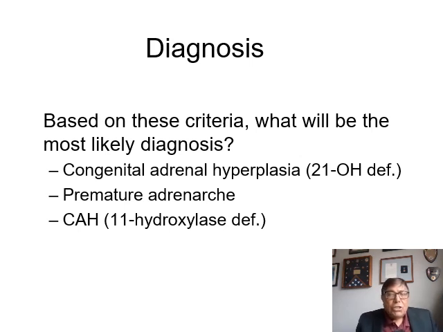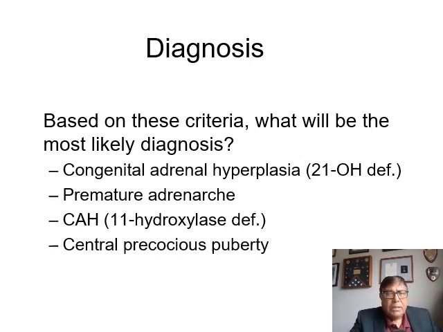So virilization with high blood pressure, for you there is only one diagnosis, 11 hydroxylase deficiency. And the children with this condition may not have adrenal crisis, otherwise healthy, tall stature, somewhat overweight, and present with virilization and hypertension.